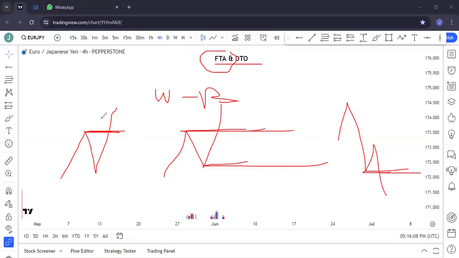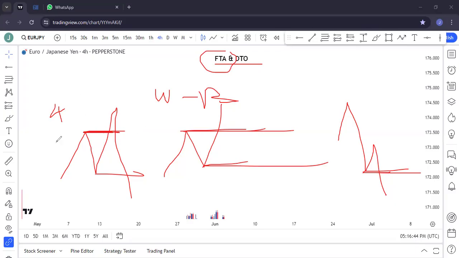Now, sometimes you can find maybe a structure of 4 hours has broken, and still the price did not respect this low and break below. And you start wondering, why did the price not respect this high and break below? There are reasons here. The one reason behind this is that this high here was not broken by body.